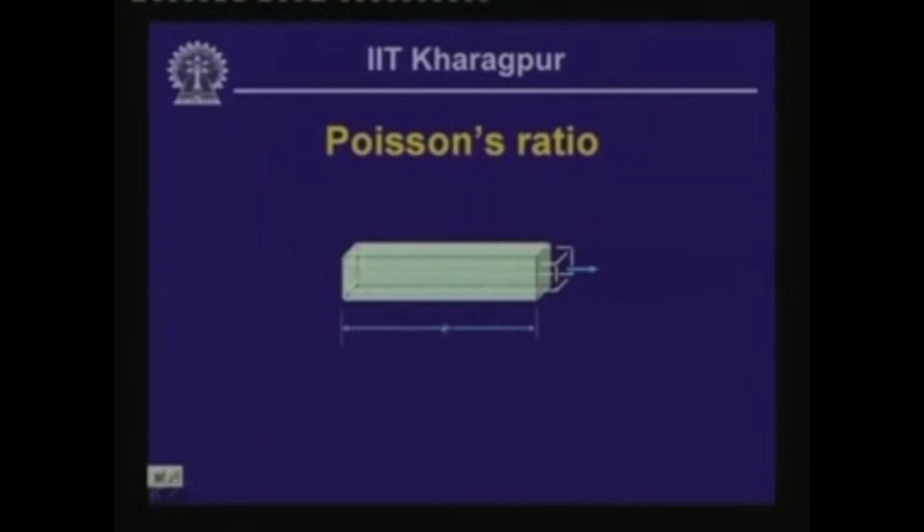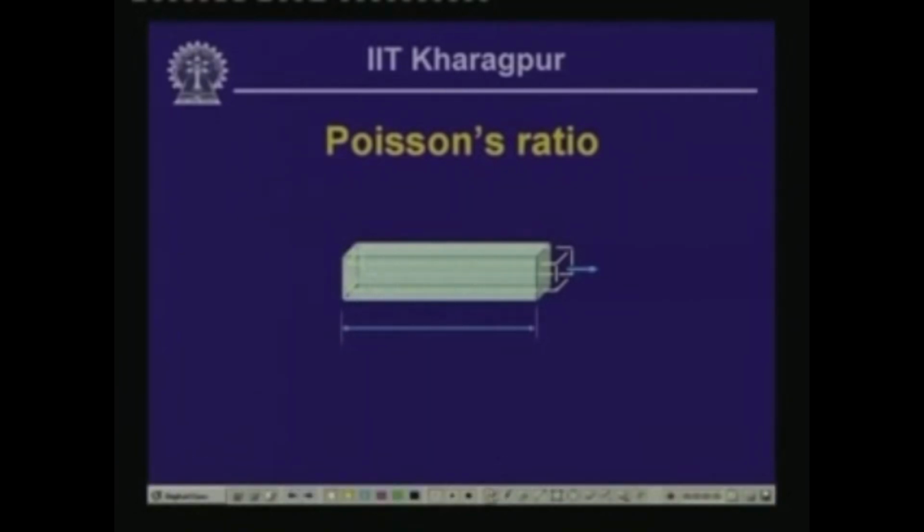Now, let us look at a bar which is fixed at one end, so at this end the bar is fixed and is being pulled by an axial pull P. This is of length L. Now, as we have seen earlier, when the bar is being pulled, it is undergoing extension.